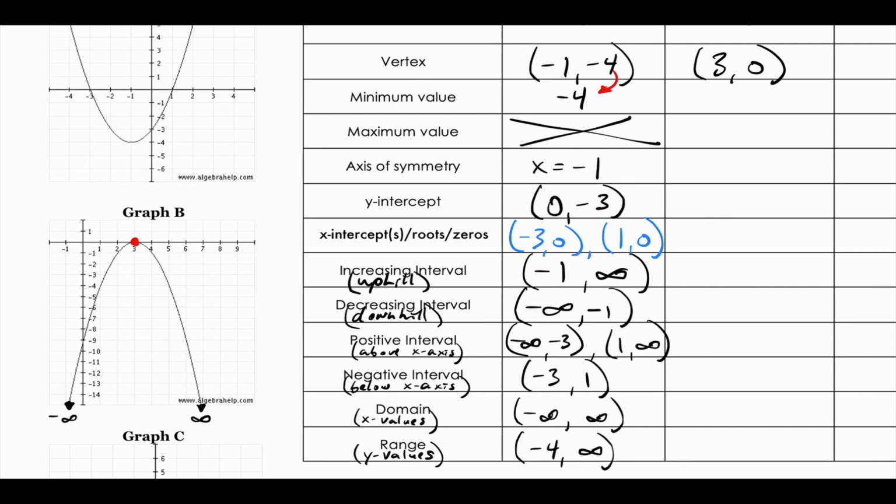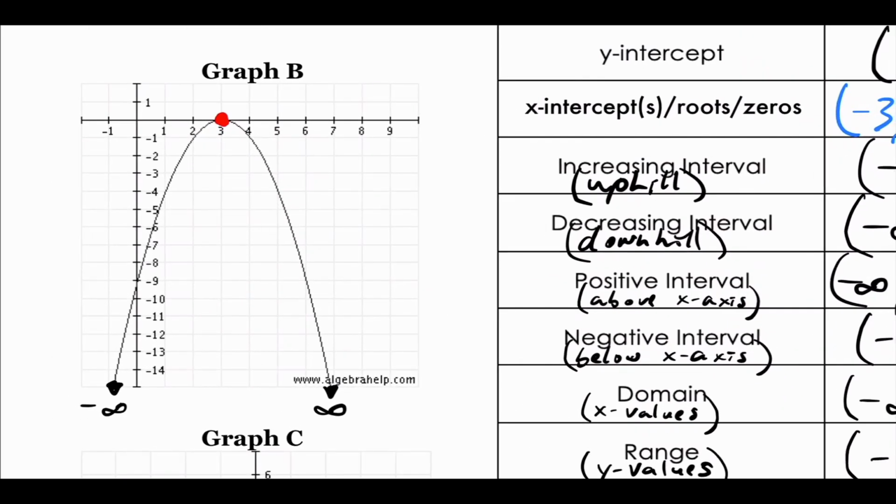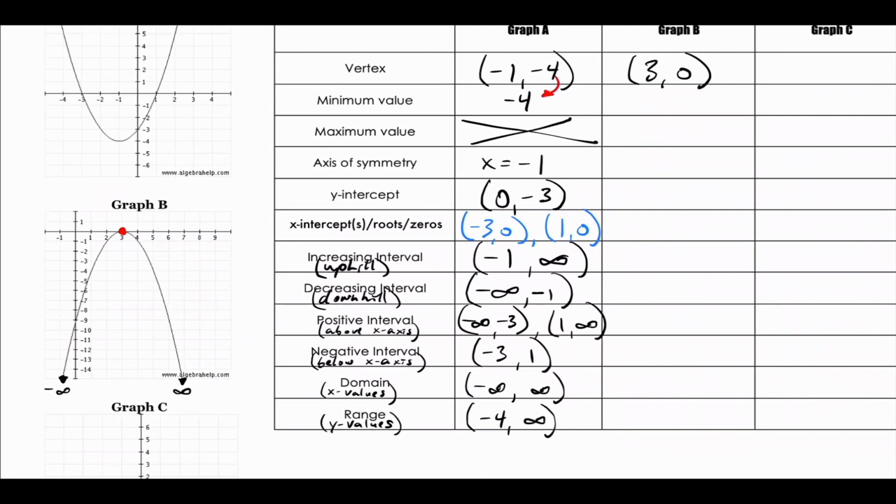Does graph B have a maximum or minimum? Maximum. It has a top. So that means we're going to put a line through minimum. It's not going to have a bottom. It's going to have a top. What is that top? 0. 0, the Y value, because the Y is the one that measures top and bottom.